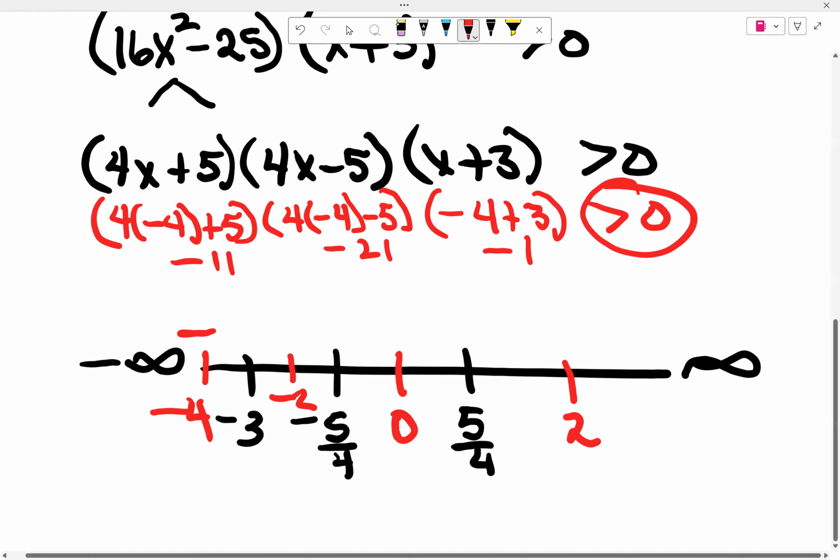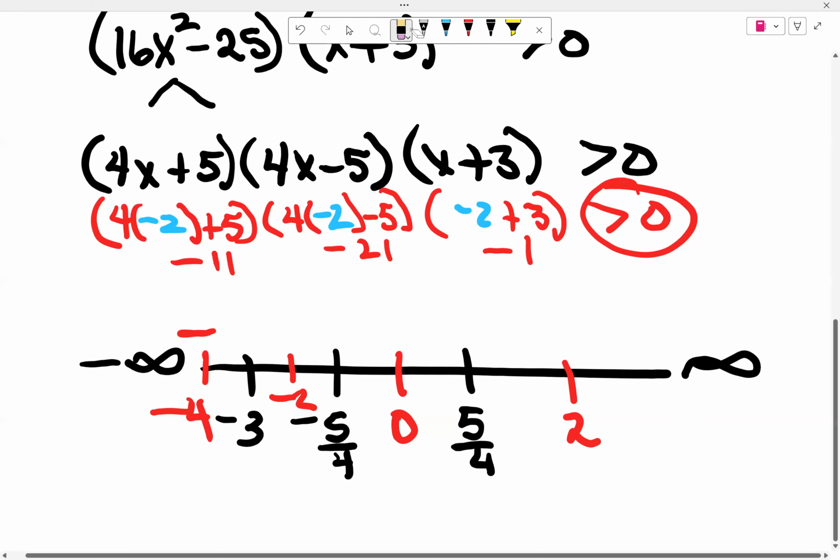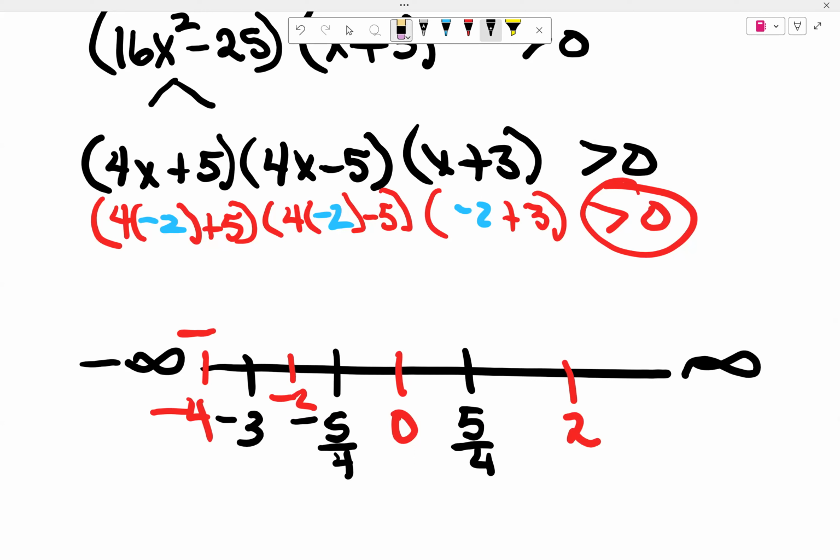Repeat the process, and if you notice, I'm simply going to eliminate these old negative 4s, and let's change these to negative 2. So negative 2, 2, negative 2. See what we're getting. So this is going to give me positive 1. This is negative 8, negative 5, which is negative 13.